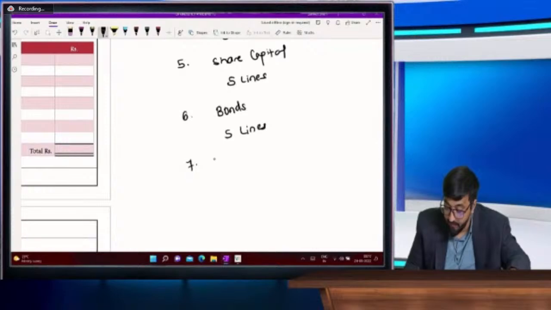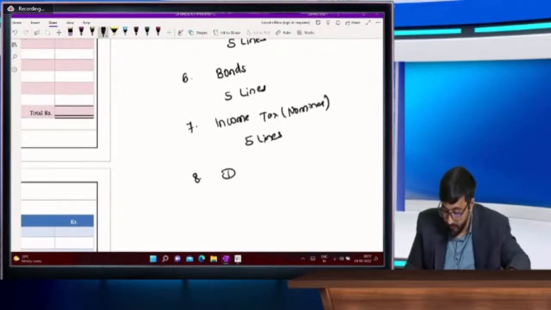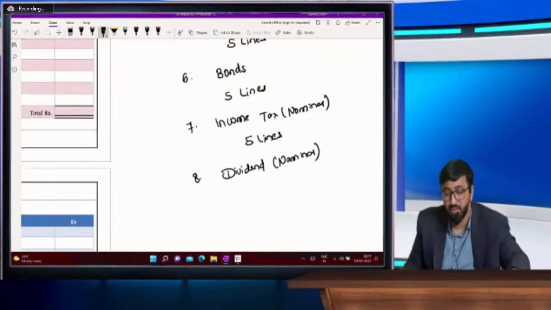7. Income tax account, nominal account. Income tax is a nominal account. You can write nominal. 5 lines. And last one, dividend nominal account. Just open it, dividend account. It will help you out.